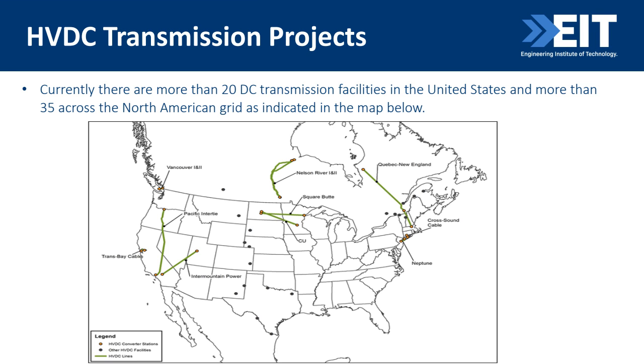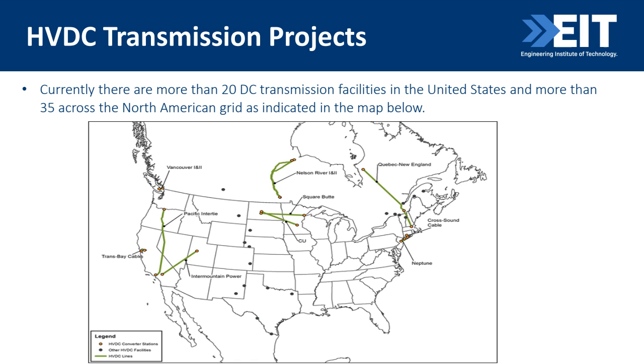There are projects already in place where we have a demonstrated use case of HVDC. So it's not something completely new, but with the development of more renewable energy projects, we are realizing the importance of HVDC now.